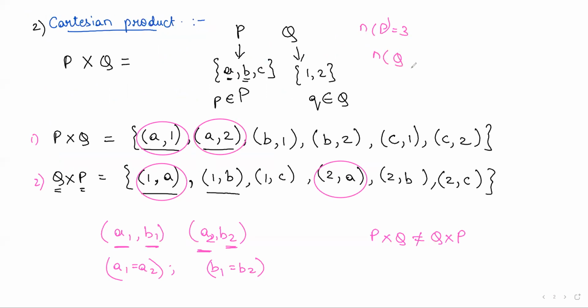The number of elements in Q was 2. So, the number of elements in P cross Q is equal to 3 into 2, which is 6. Similarly, for Q cross P, the number of elements is equal to 2 into 3, which is equal to 6.